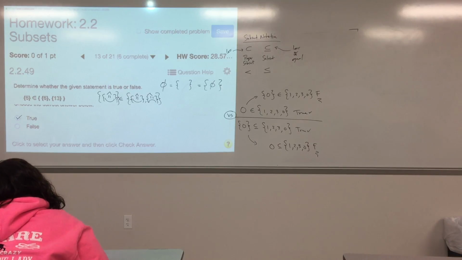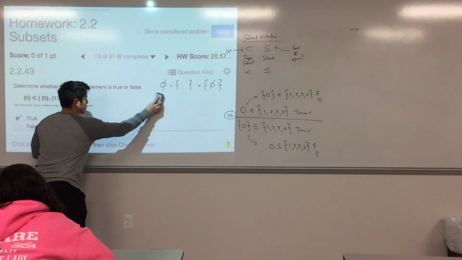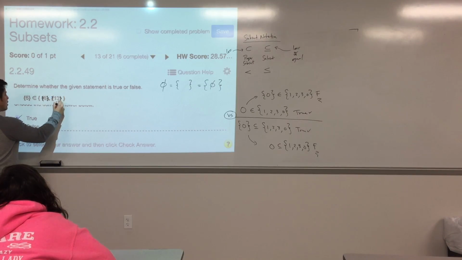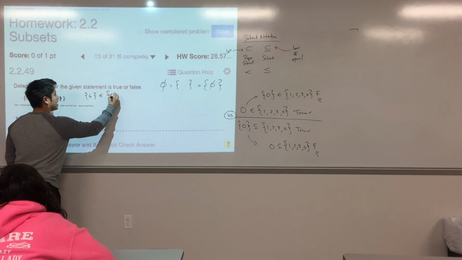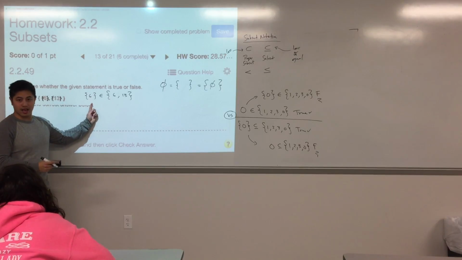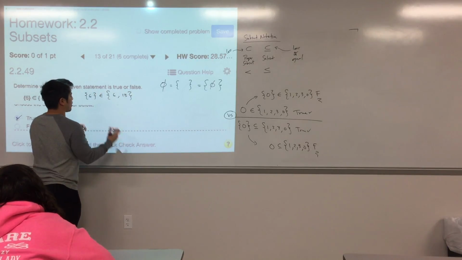So what if there was no brackets on the 6 and the 13? Would that be considered false? Correct. So for example, if there was nothing here, then you would be speaking set notation in element notation. Does that make sense? So, see that? This set of braces is grouping that.